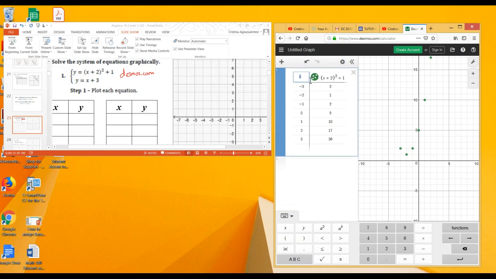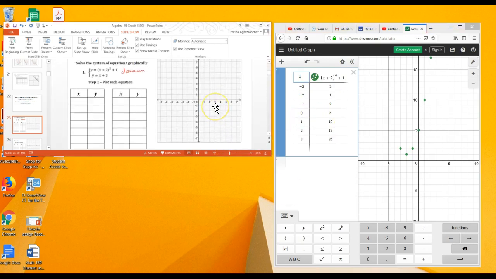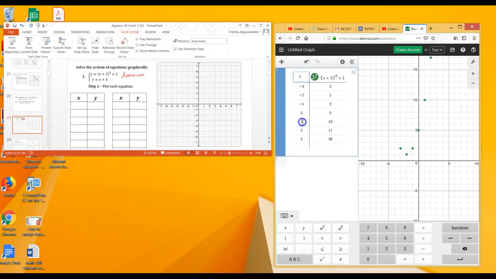And as you can see here, it starts to create some points for us, right? So -3, 2; -2, 1; -1, 2; 0, 5. Some of these numbers do get a little bit bigger than our graph that's actually on our page. Our graph only goes up to about 7. So maybe write in -4, -5, and you can see that it's already starting to form this kind of parabola shape.